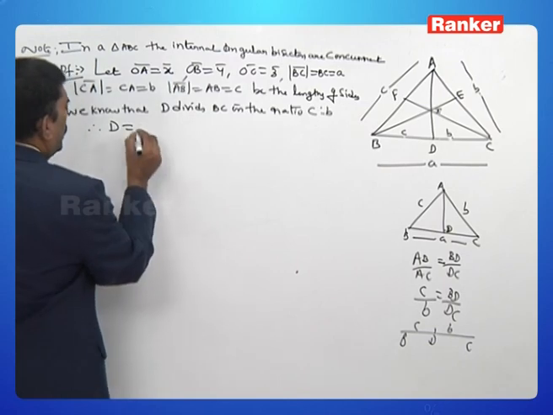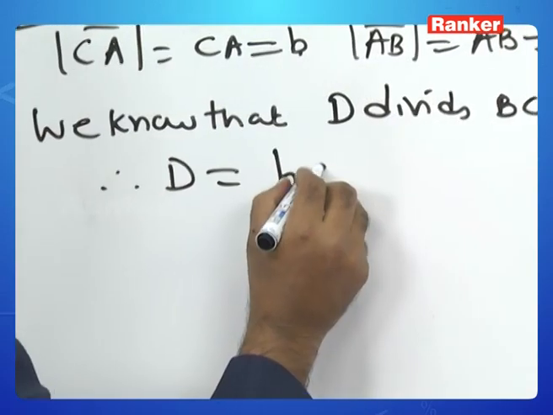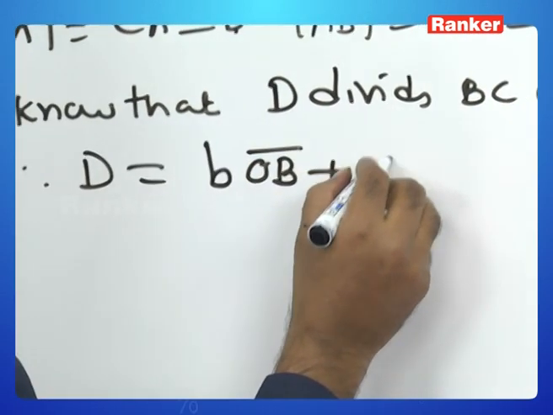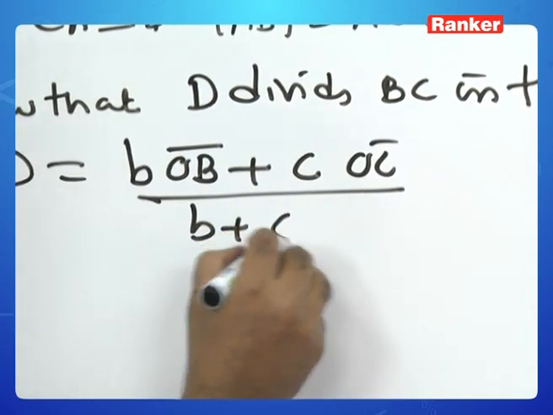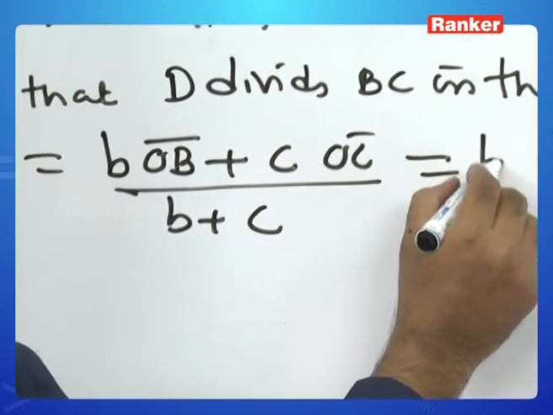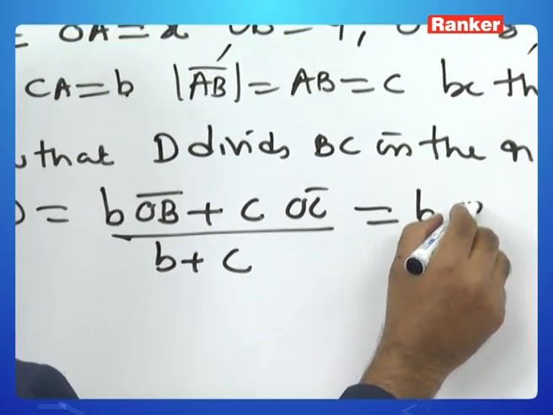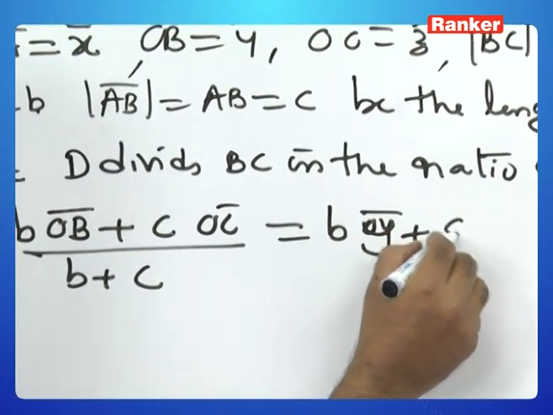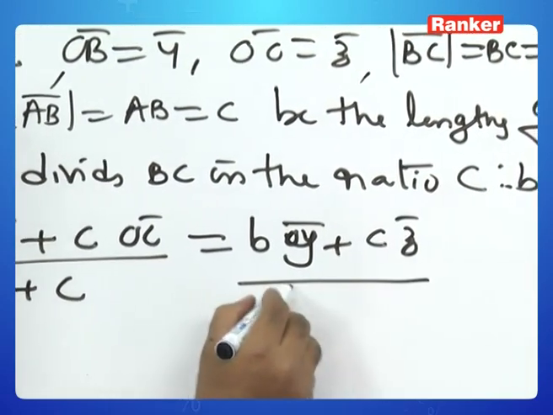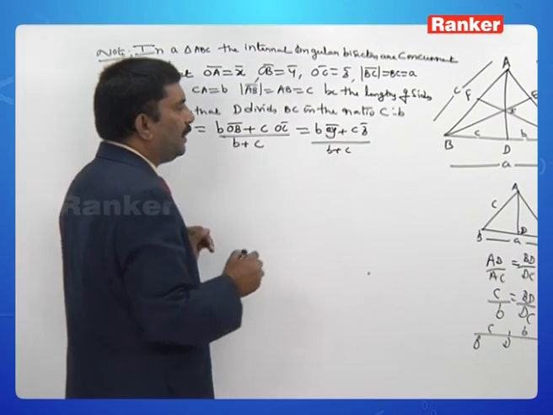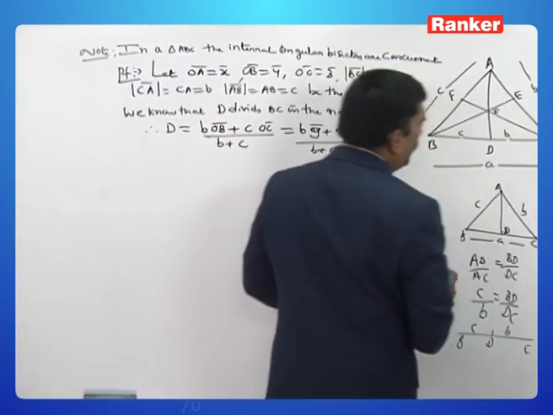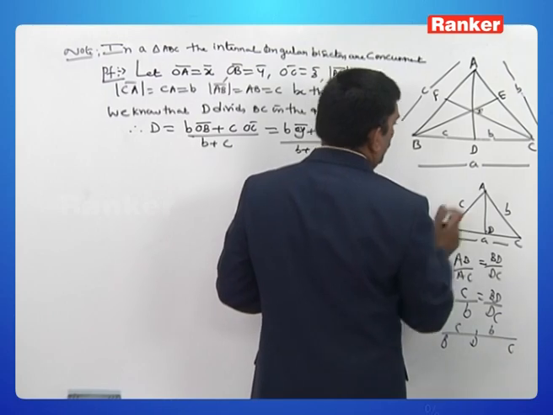I can write, b into OB bar plus c into OC bar by b plus c. It is the same as b into Y bar plus c into Z bar by b plus c. Now, we know it already by using the definition of the ratio of the sides.